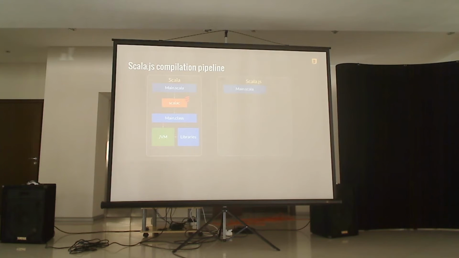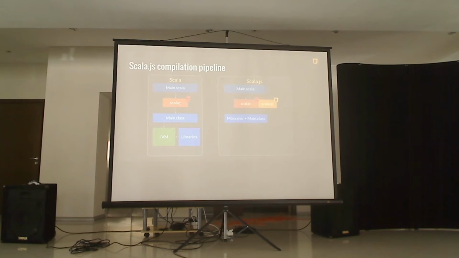In Scala.js, you start with the same source code. You run it through the same scalac compiler, but there is a plugin, the ScalaJS plugin, that instead of just generating this class file, also generates this Scala.js intermediate representation file, which will then be converted to JavaScript later on.